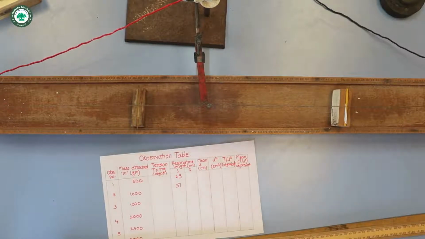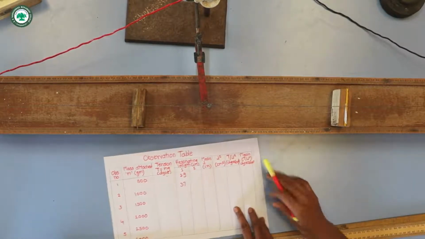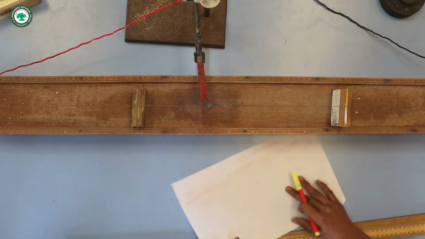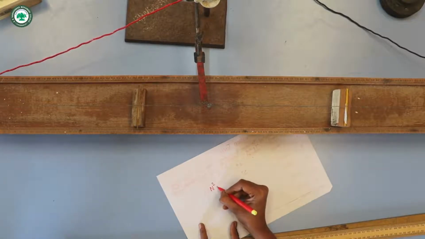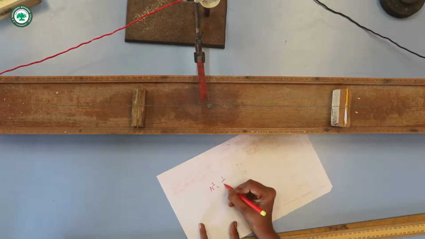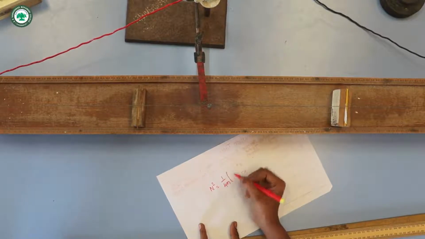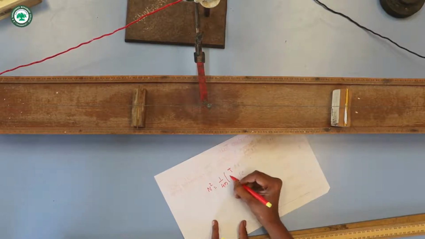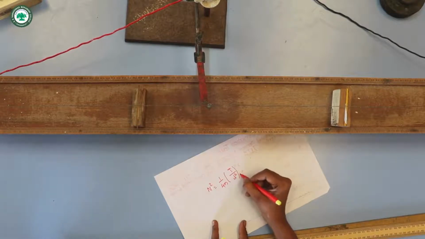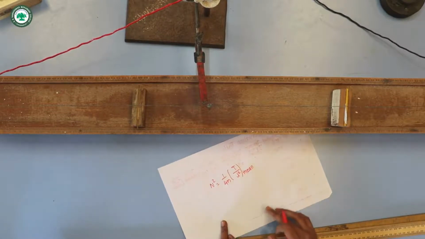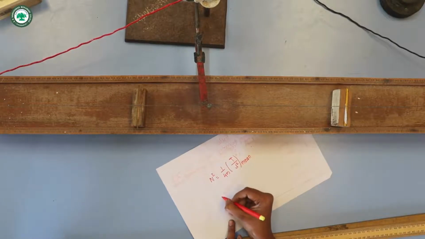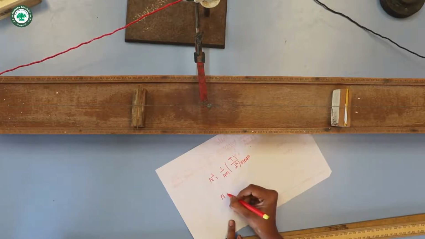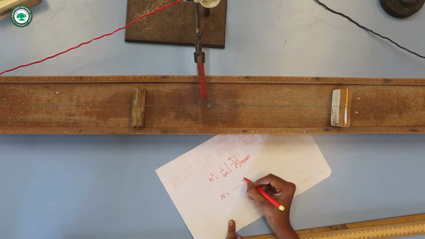By taking this mean T by L square and using the formula n square is equal to 1 upon 4m into T by L square mean, one can calculate the square of frequency, and by taking the square root of this, one can get the frequency of AC. n is equal to ... hertz.